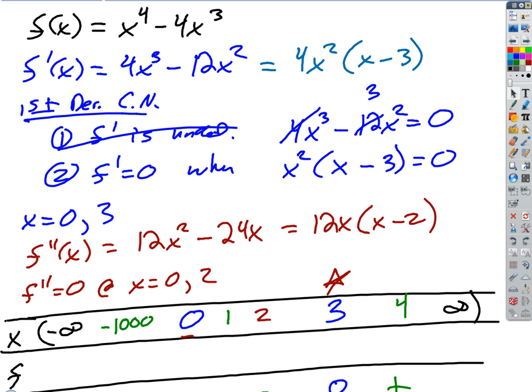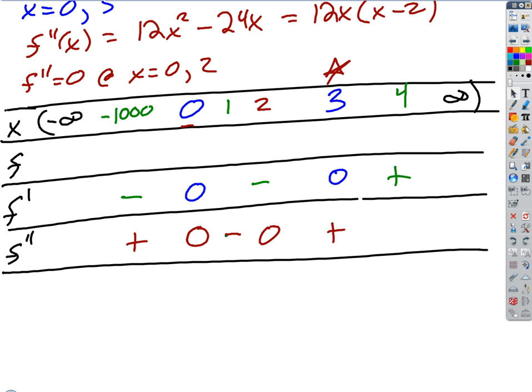So on here then, is this a point of inflection? Yeah, it is. How do we know? Because it's a change in concavity. That's the definition of an inflection point. Are you starting to get an idea what this is doing? Exactly, because look what row we're in.